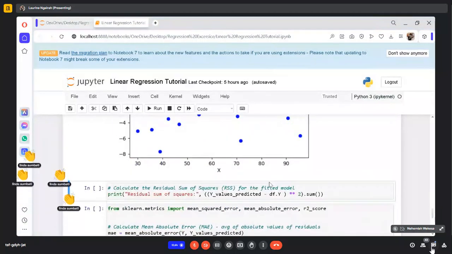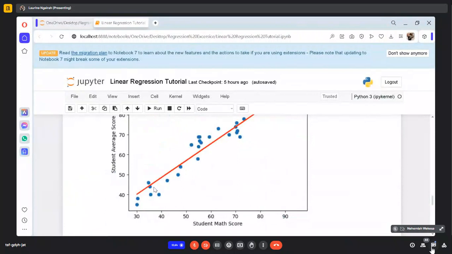So we continue with our next metric, which is the residual sum of squares. So that is this difference between the line of best fit and the actual data.